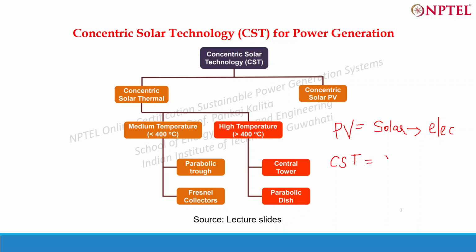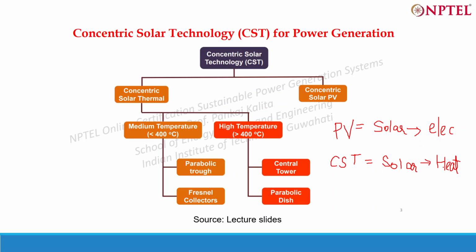These convert solar directly to heat. So in PV systems the main focus is electricity generation. In CST systems the main focus is heat.